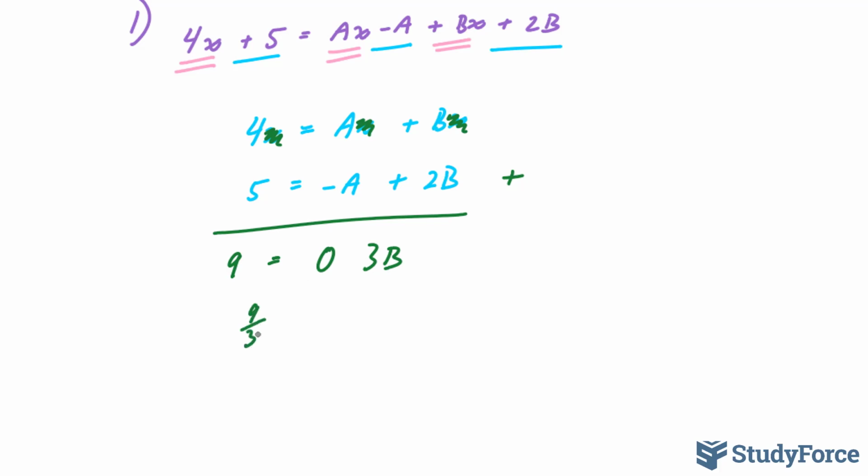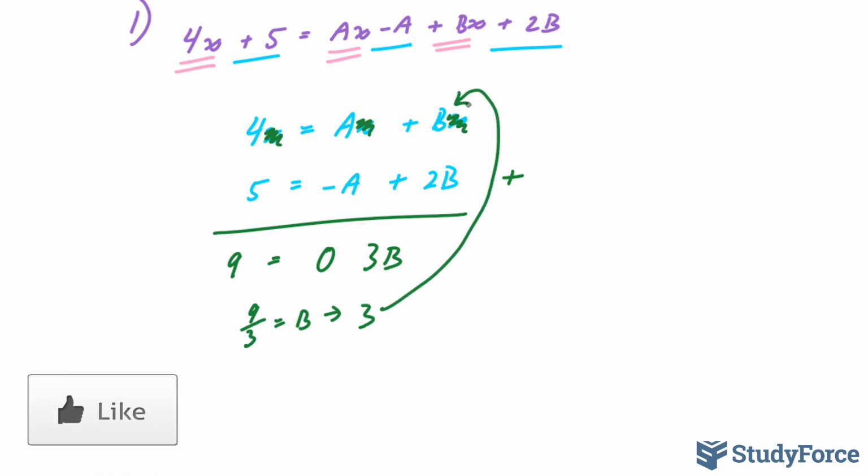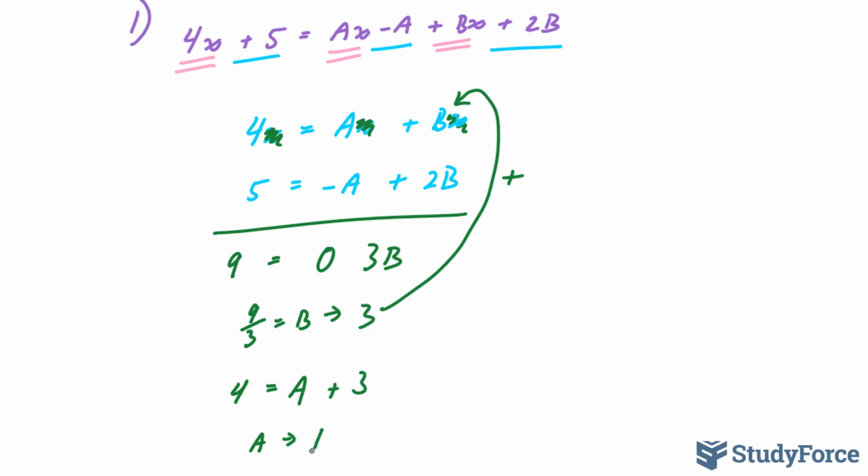Therefore, 9 over 3 is equal to b, and that is equal to simply 3. So we just found our b. We can find our a by substituting this number back into any of these equations. For example, if I substitute this back into there, I end up with 4 is equal to a plus 3, and a is equal to 1. So I just found my a and my b value.